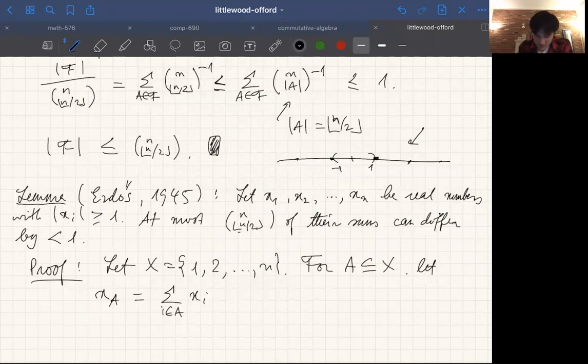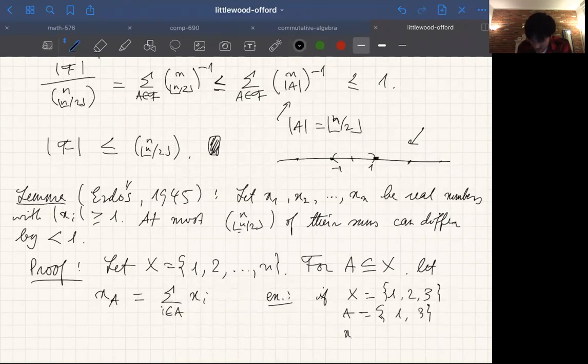So what does that mean? For example, if X is 1, 2, 3, and A is equal to 1, 3, then XA is x1 plus x3. So you pick all the guys in A and you add them together. That's what this is saying.